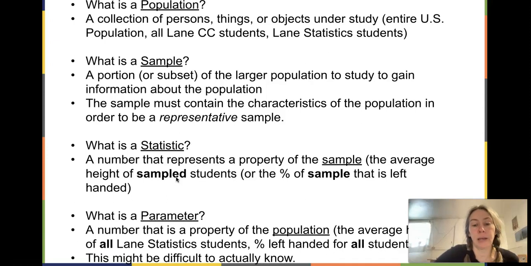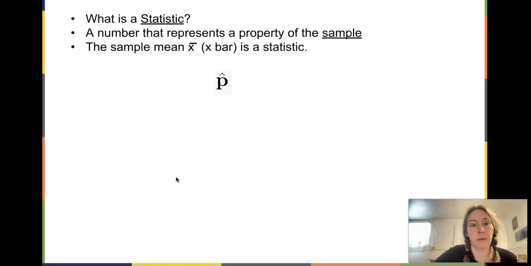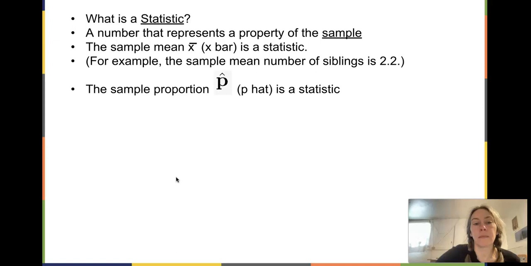And it's kind of handy that P goes with P and S goes with S. So X bar stands for the sample mean, and that's a statistic. And P hat would be the sample proportion.